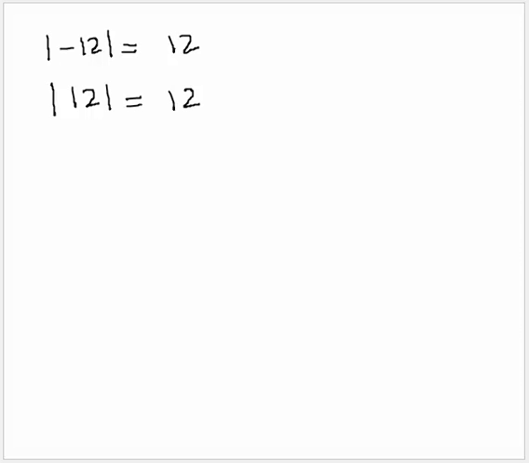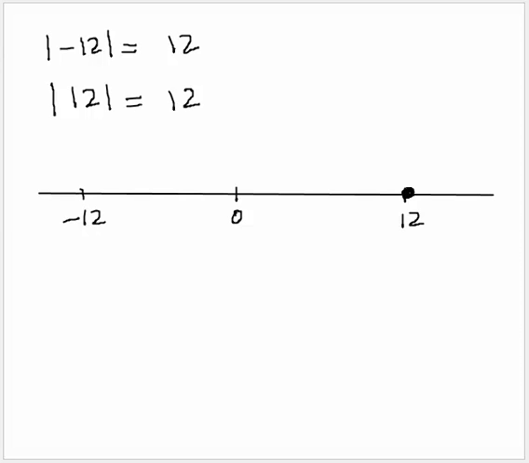That's not correct. Absolute value refers to how far the number inside the absolute value sign is away from 0. If you look at the number line, if this is 0, and this is number 12, and this is number minus 12, absolute value of 12 means how far this number is away from 0.